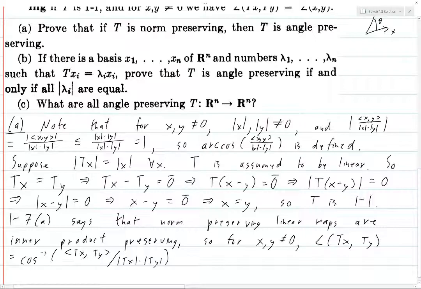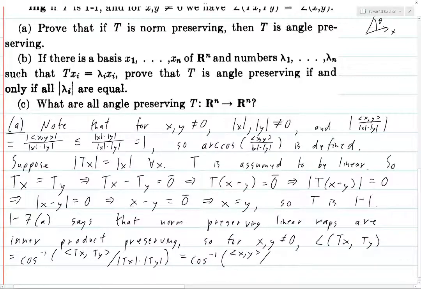This is sort of weird looking notation, but it allows me to write the numerator and denominator a little bigger without having to add a whole bunch of unnecessary parentheses. Okay, so now cosine inverse. Now for the numerator, for a map to be inner product preserving, it means the inner product of Tx and Ty is the inner product of x and y. So we can replace that with x and y.